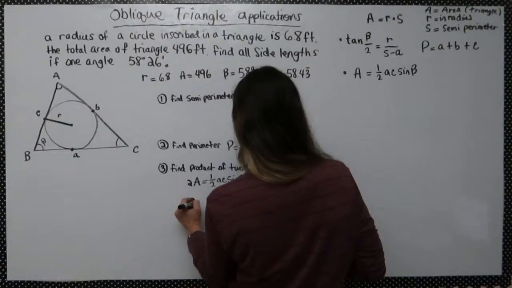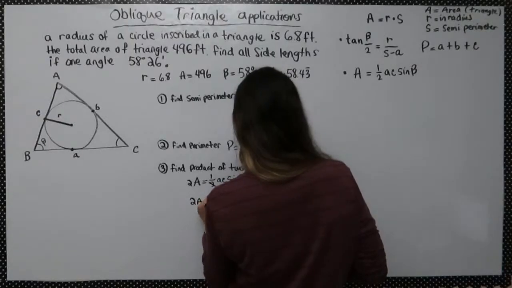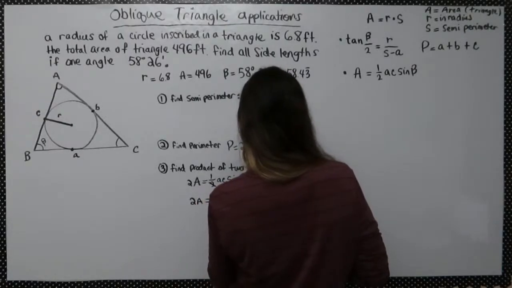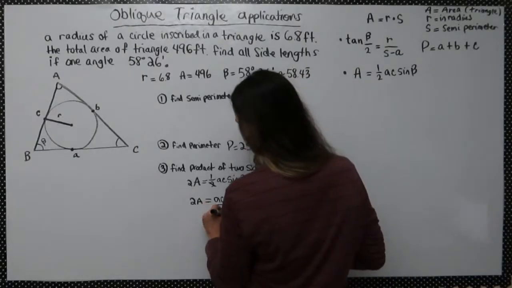So that's going to be 2A equals AC sine beta, the 2 cancels. And then we're going to divide off the sine beta.